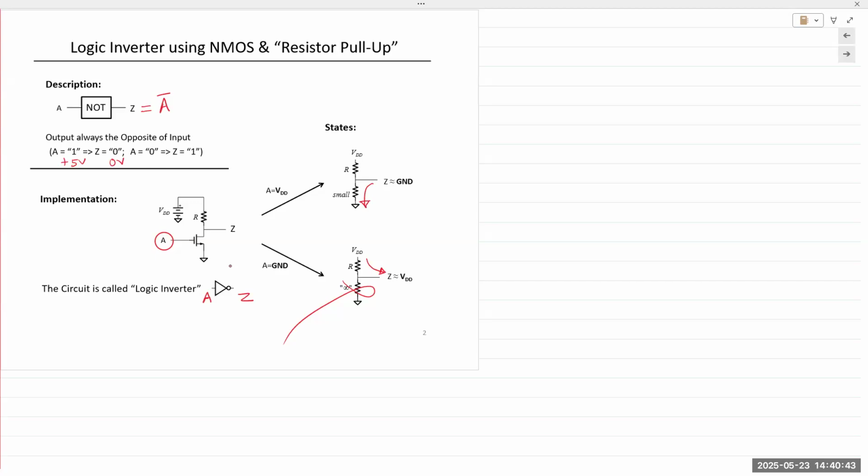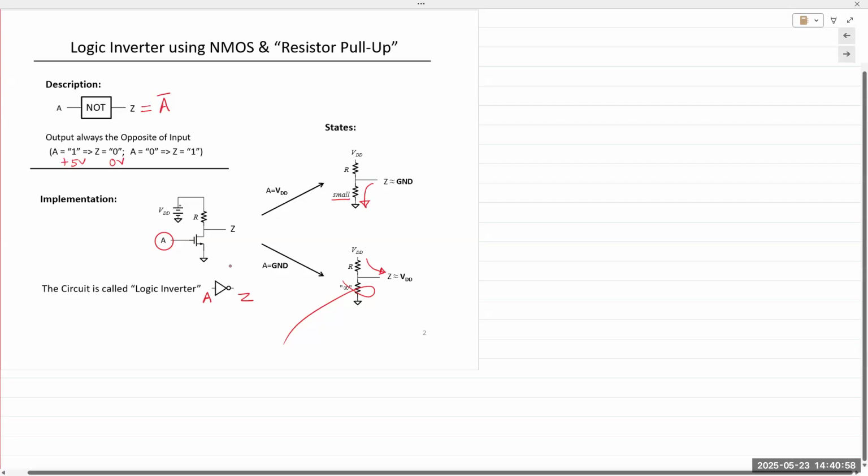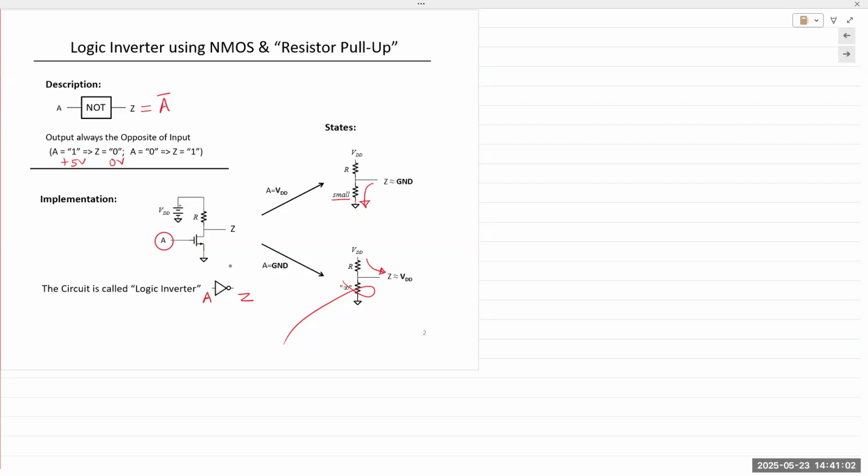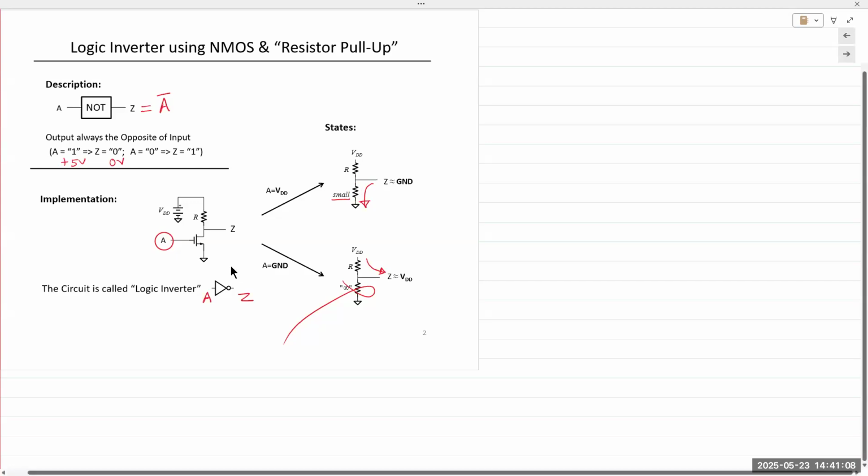That small resistance that we see here is basically the channel resistance. Because current is flowing through a channel, and that current is not infinite, the channel has some resistance, and that is modeled by this resistance right here. Nevertheless, even with that small resistance, it provides a direct pathway to ground.